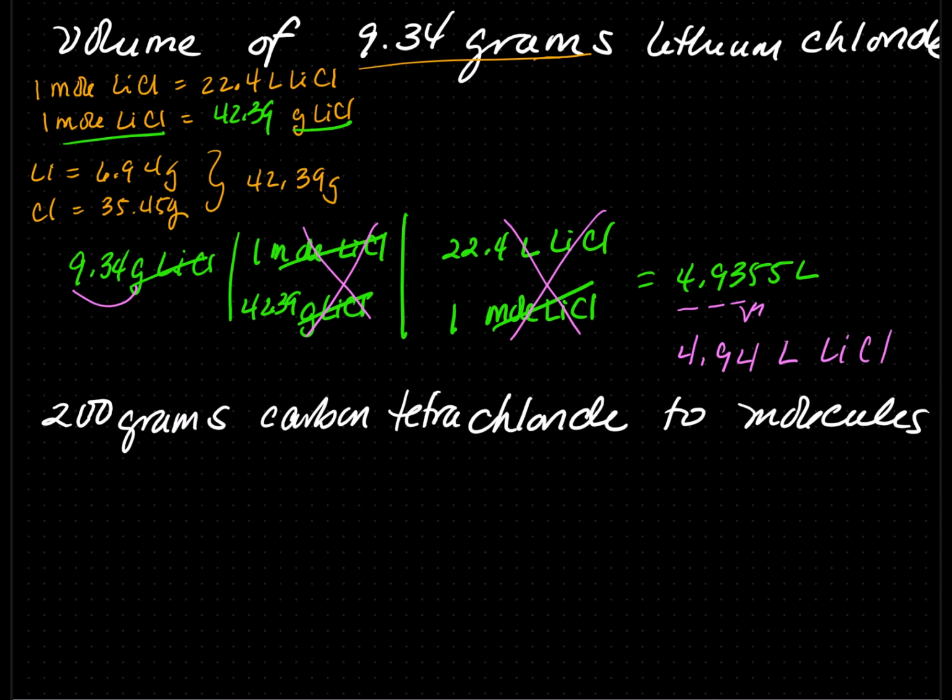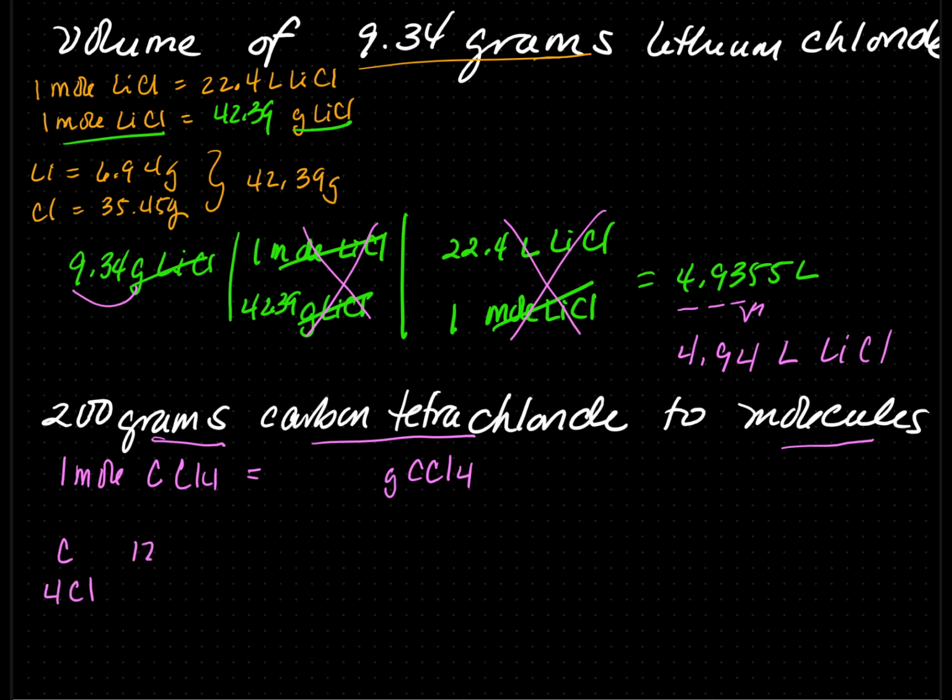The next problem, we have grams to molecules. So we need to go to moles. To convert grams to moles, we need to use molar mass. So that's 1 mole of carbon tetrachloride. This is a covalent compound because carbon is a nonmetal, so the prefixes become subscripts. It's equal to its mass in grams from the periodic table. So there is 1 carbon and there are 4 chlorines.